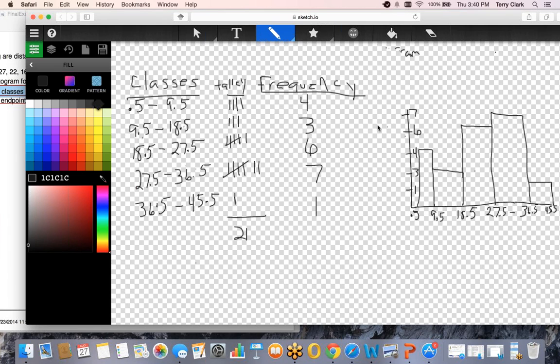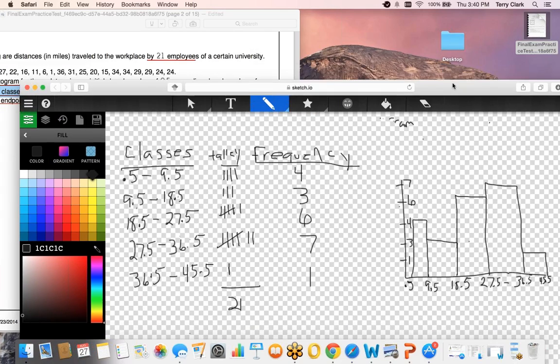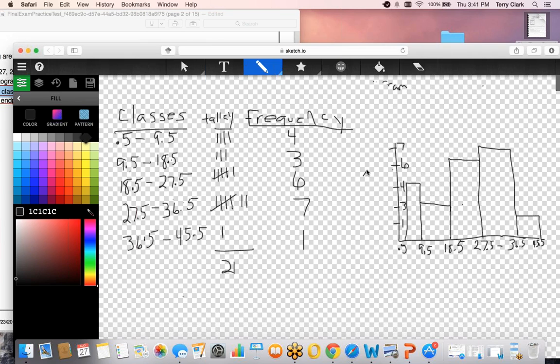Okay, so we got our frequency on the side here. That frequency in this case is employees, so I'm saying employees here.